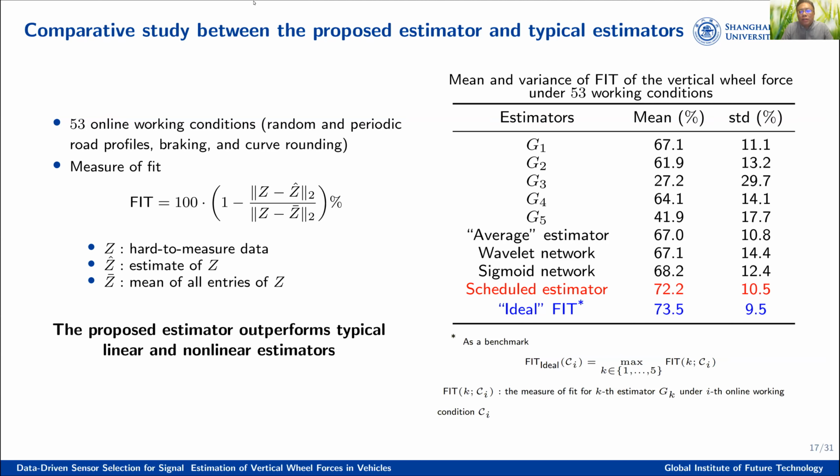The ideal fit, the last one, is because we know the working condition; we can do that afterwards in our lab. The ideal fit is basically the best case, which cannot be better than that. We notice the mean value is very close to that, and the standard deviation is just a little bit worse. The scheduled estimator is the method that we proposed.